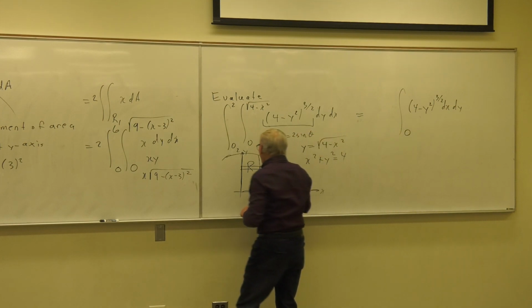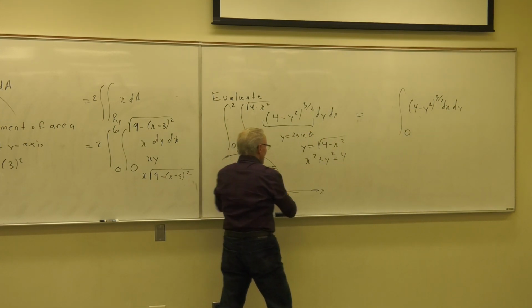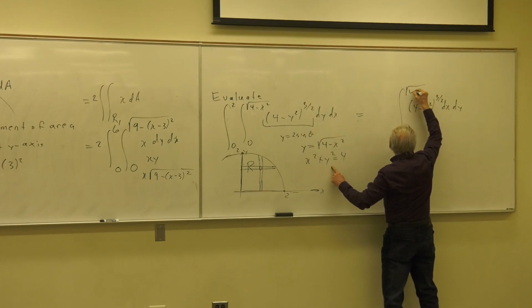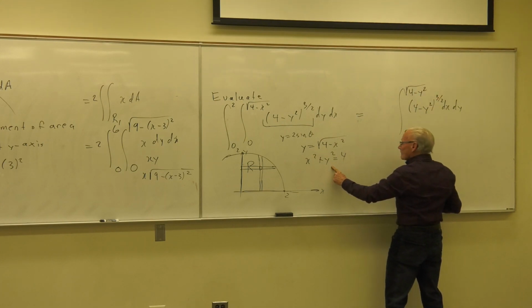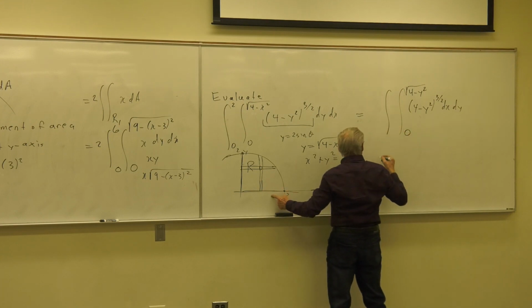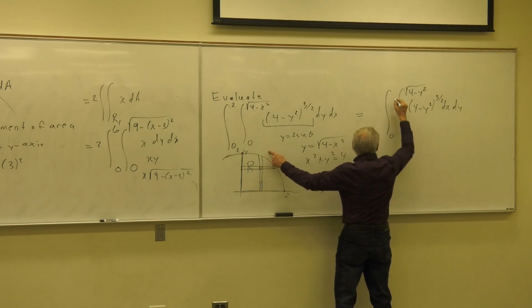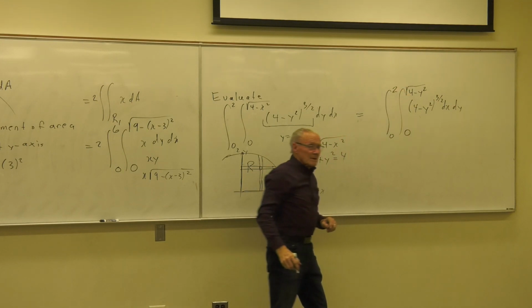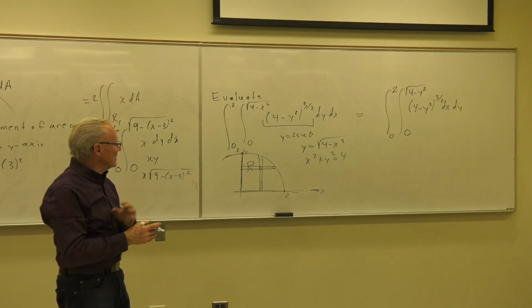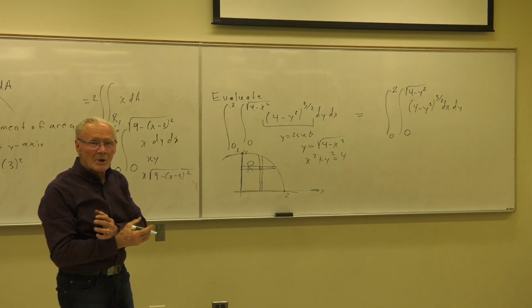Where do they all stop? They all stop when they hit the circle, where x is equal to the square root of 4 minus y squared. Outer limits integrate with respect to y: first one y equal to 0, last one y equal to 2. So there's the problem if I switch the order of integration, from vertical strips to horizontal.